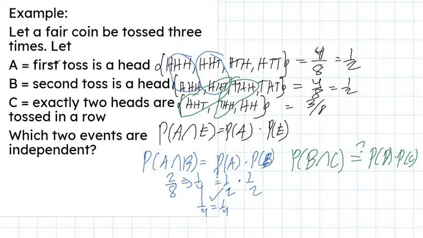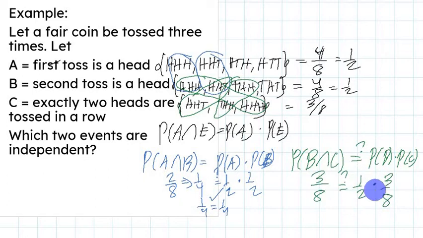Oops, I think I forgot something here. This is supposed to be an HHH. And that is also an intersection with this here. That means we have 3 out of a total of 8. So 3 out of 8. Will that be equal to the probability of B, which is 1/2, times the probability of C, which is also 3/8?